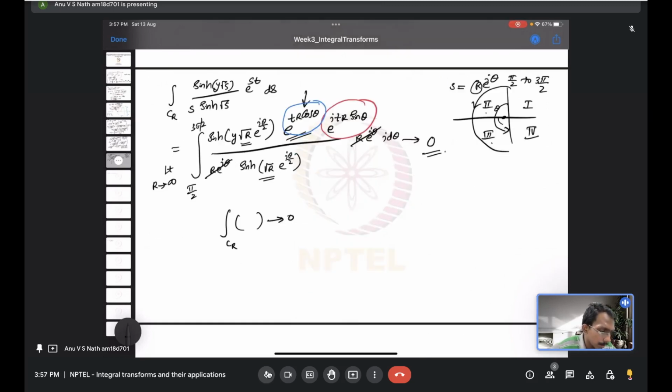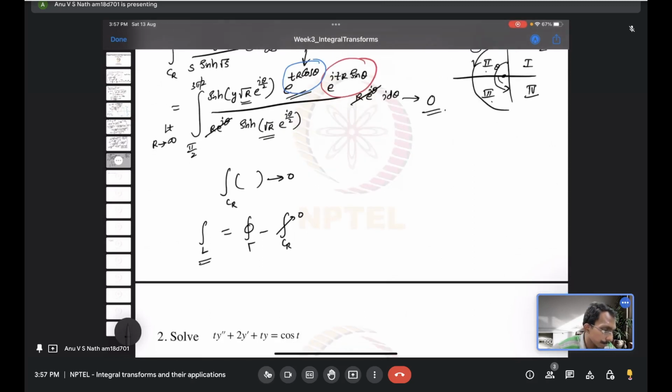So that means the integral over the line is equal to the integral over the contour gamma minus the integral over CR, and this we showed is tending to 0. So the integral over the line will be equal to the integral over the contour. For the inverse we just need to divide by 2 pi i also.